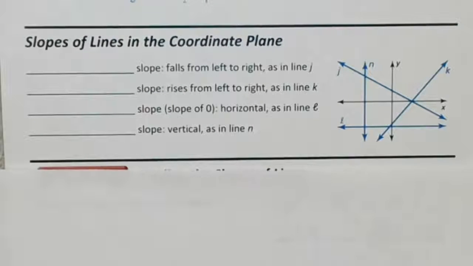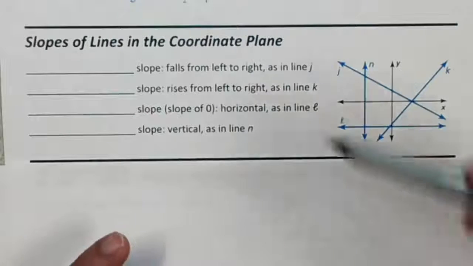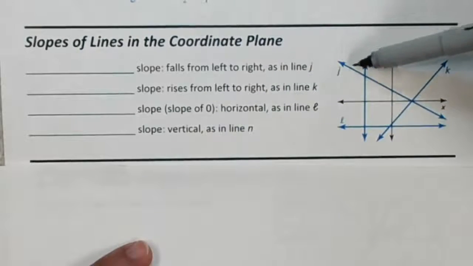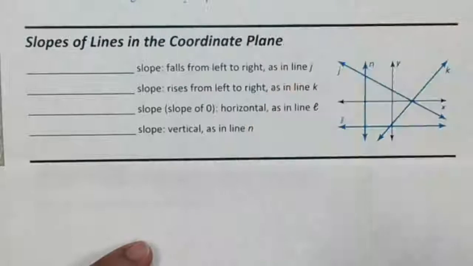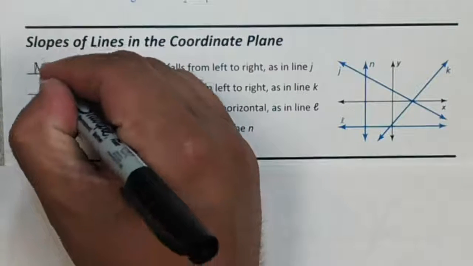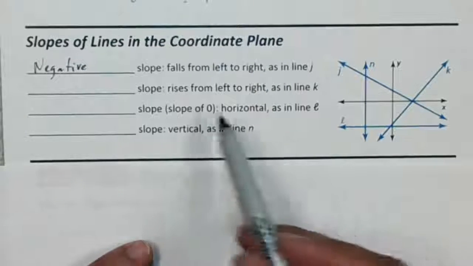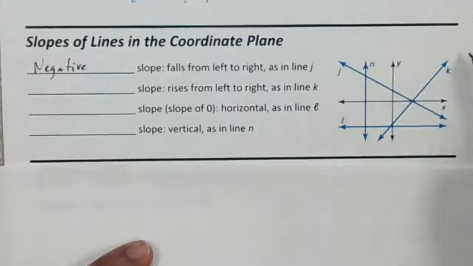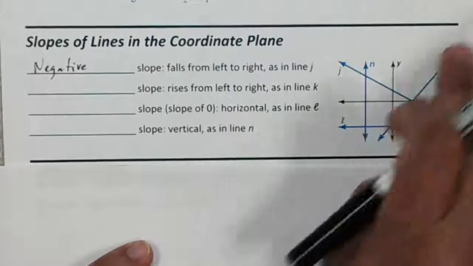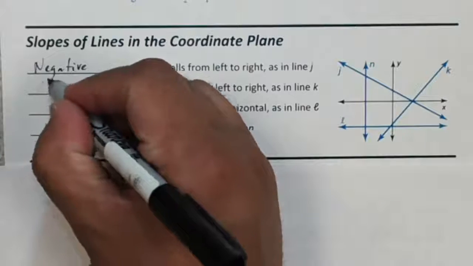Alright, a little bit more review stuff. Different slopes of a line. Remember that if it's falling from left to right, like this line J here, that's going down, that's going to give us a negative slope. And if it rises from left to right, like this line K, it's going up, that's going to be a positive slope.